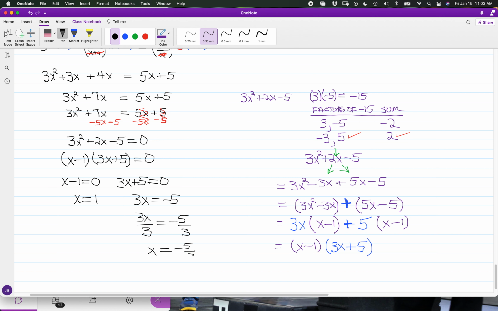Okay, so in this case, we're going to have x equal to 1 and x equal to negative 5/3.